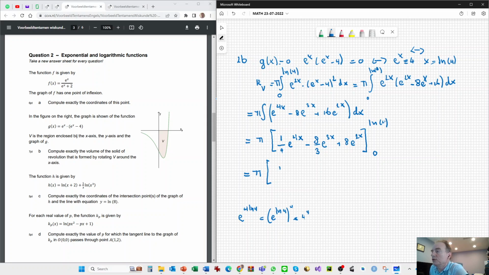Oh, I get 1/4 times 4 to the power 4. Well, let me just still keep it like this. And the same way I get 4 to the power 3 here. I substitute log 4.